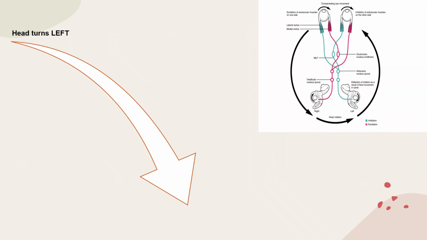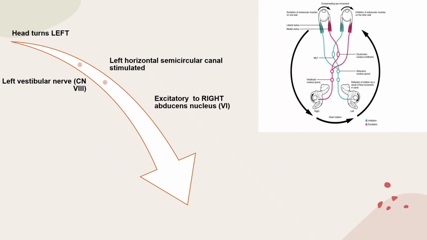Let's look at an example. If the head turns towards the left, the left horizontal semicircular canal is stimulated. That leads to stimulation of the left vestibular nuclei. Then it is excitatory to the right abducens nucleus.